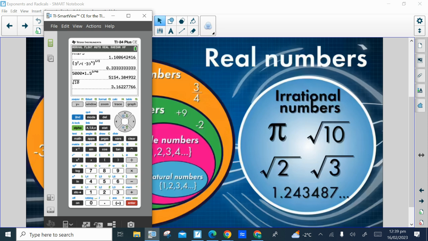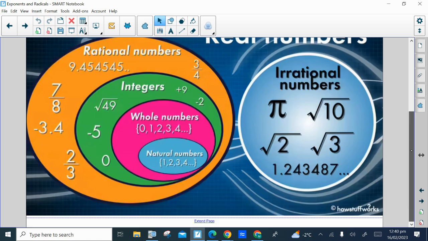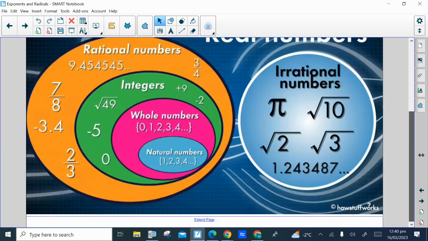That is an irrational number. Same thing as the root of 2 or the root of 3. If you do those both in your calculator, you'll get a decimal that doesn't repeat and doesn't terminate. It is an irrational number. So we've talked about these already, and we're going to spend the next 2 classes looking specifically at irrational numbers.